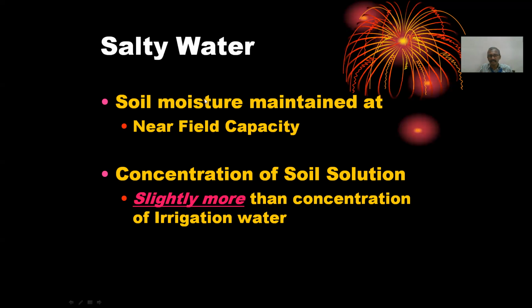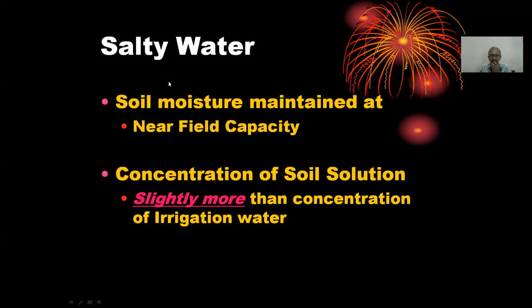So the soil solution concentration of the salt does not increase too much. Because of that fact only, we are able to use, to some extent, salty water also in drip irrigation. So the process should be understood well.